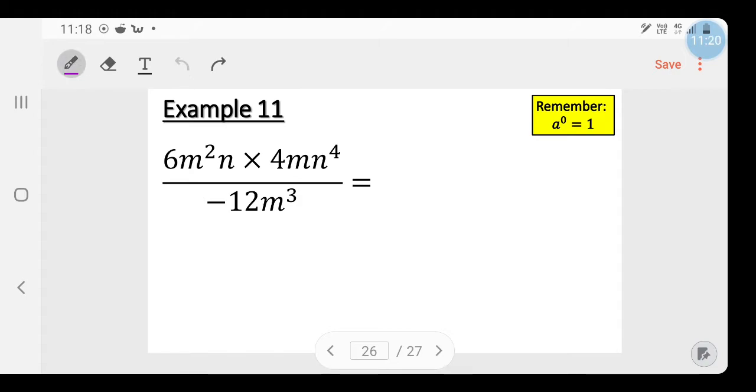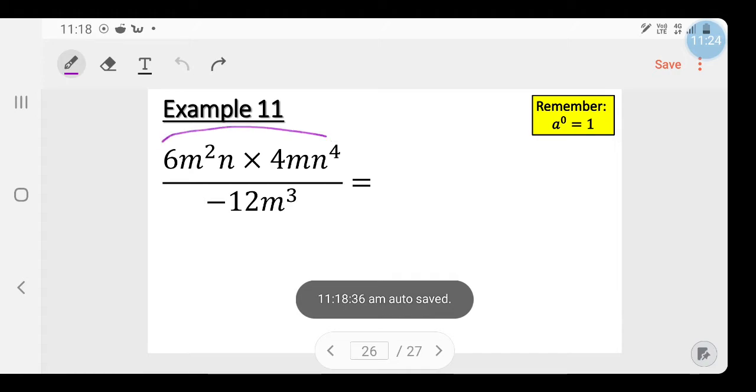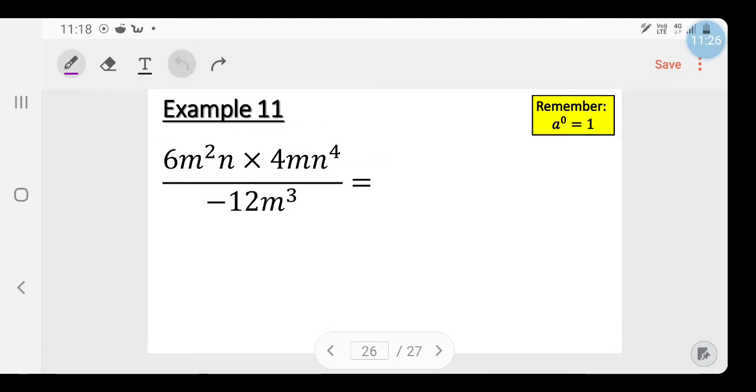All right. So here we go. We're just dealing with this at the moment. 6 times 4 is 24. And I can see m's and n's in both of those parts of the expression. So I'm going to set up an m and an n on the top. This is n to the power of 1. This is m to the power of 1.